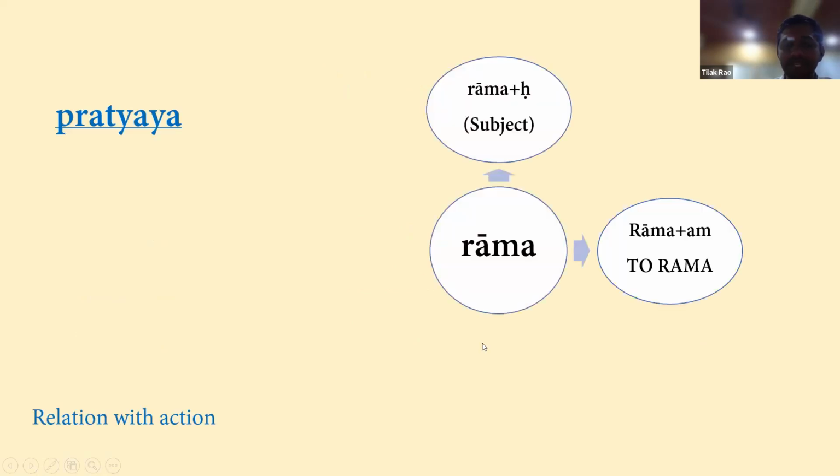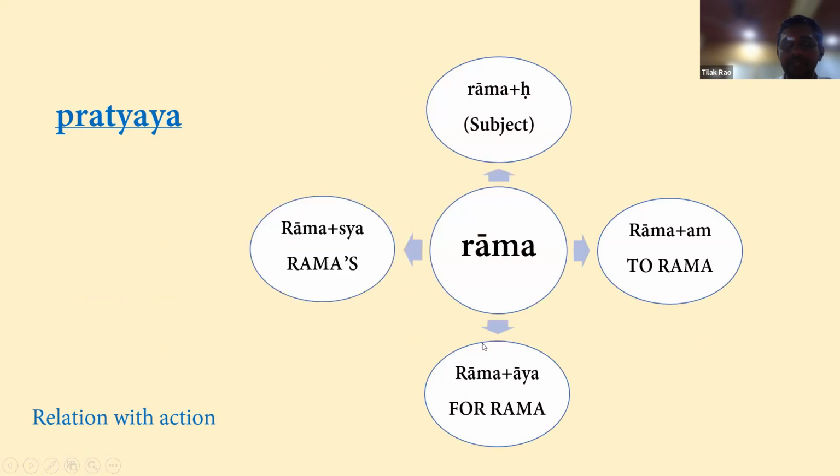So different pratyayas can be added. See, there's a word Rama. And by adding different pratyayas, we know how whatever is referred to by that word is related to some action. For example, Ramaha is the subject of this action. So Ramam, or Ramaya for Rama, Ramasya.